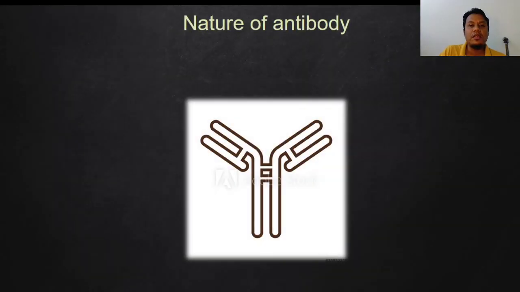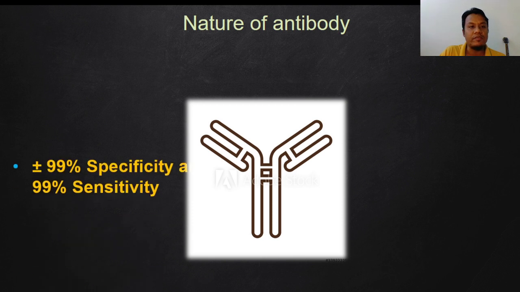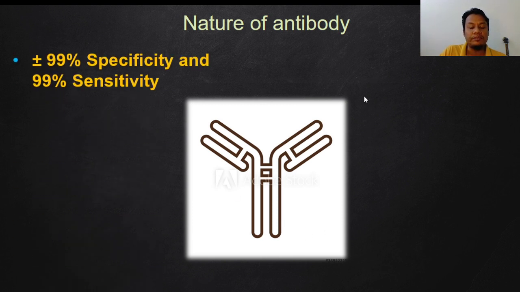The second thing applied for CFT is the nature of the antibody itself. It is generally known that antibodies have 99% specificity and almost similar sensitivity. So what is actually specificity and sensitivity?